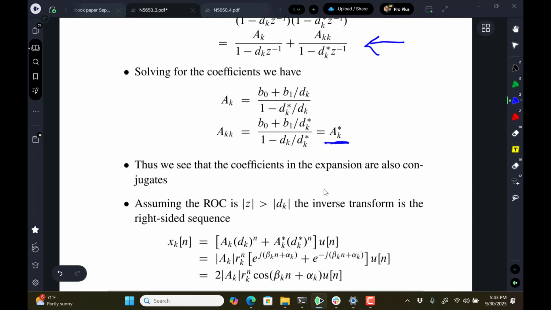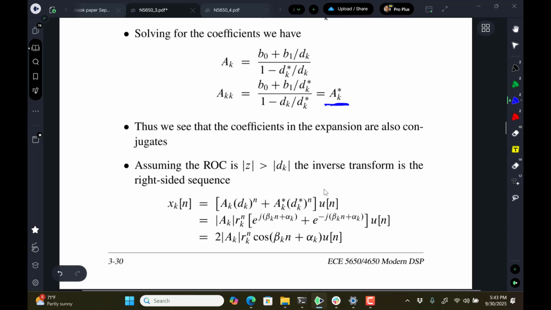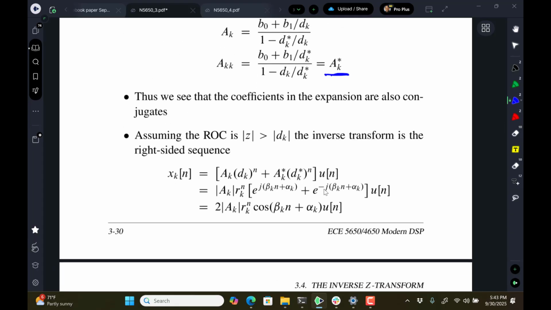That should be kind of like, oh, that makes sense to me. So now what you can do is combine that together, assuming that we have a causal system, so the ROC is going to be greater than the magnitude of the dk complex conjugate poles. We can write this out using our simple residue formula to put it back into the time domain, and then we can do some fancy footwork with exponentials.